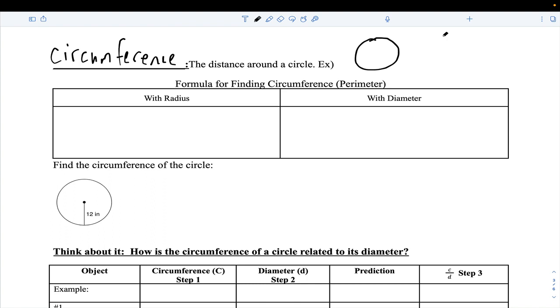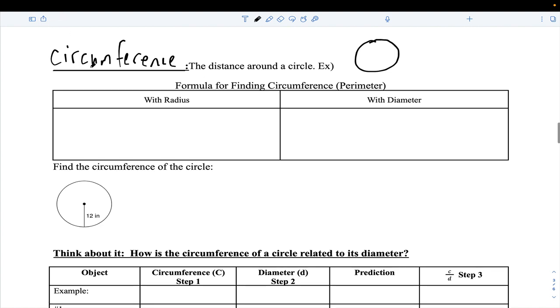Back in the day, there was a man in Greece by the name of Archimedes of Syracuse. He was born in 287 BC. When he was roaming around Greece, he was pretty smart.